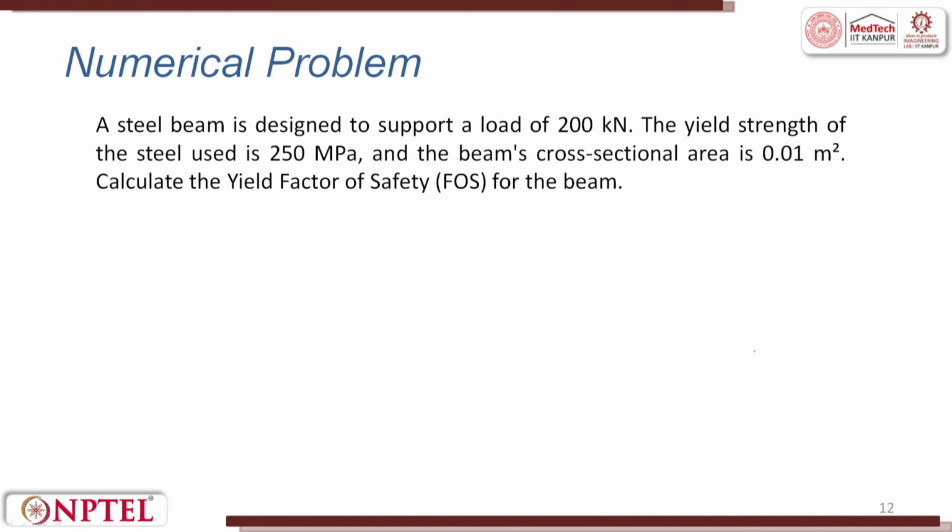A steel beam is designed to support a load of 200 kilonewton. Please mind the unit; somewhere we are talking about kgs, Newton, so you should know the conversion factor. The yield strength of the steel is 250 megapascal and the beam cross-section area is 0.1 meter square. Calculate the yield factor of safety of the material. So, load is nothing but F, which is 200 kilonewton.